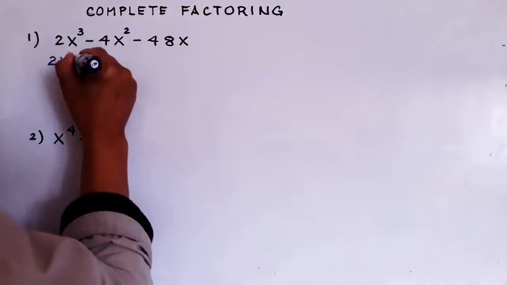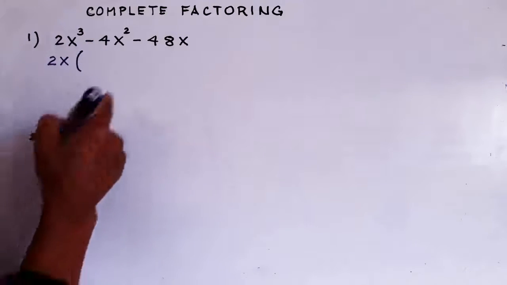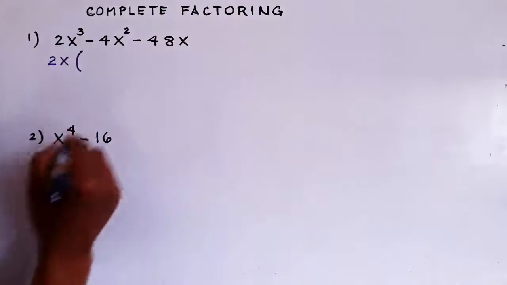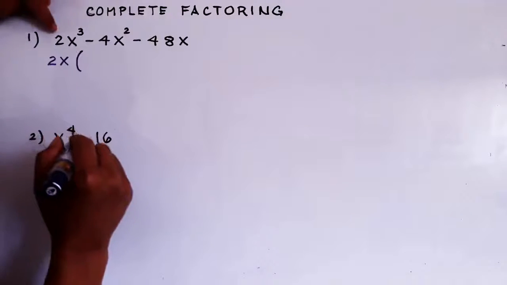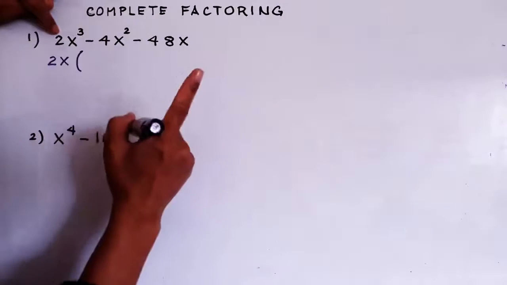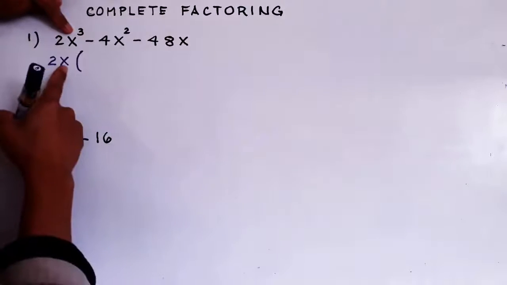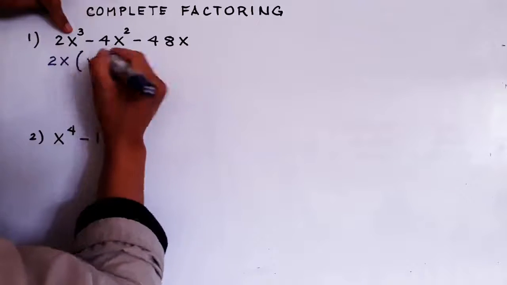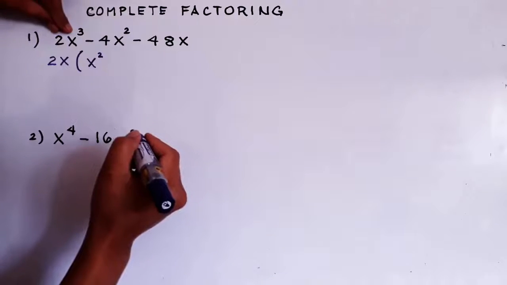Now, let's have the body of this one. We have minus here, and bracket. Let's start. 2 divided by 2 is 1. x cubed divided by x is x squared. That's for the first one.